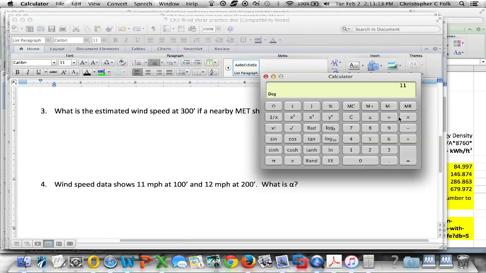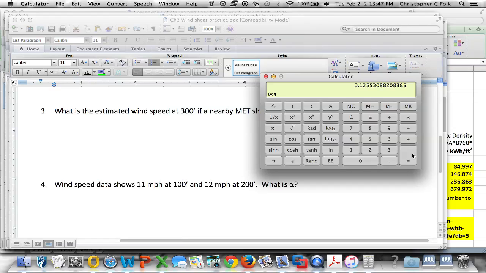It's 11 divided by 12 equals. Then I use the log function and divide that by 100 divided by 200. I have to close the parenthesis, get the log, and hit equals. And that was the answer most of us got.